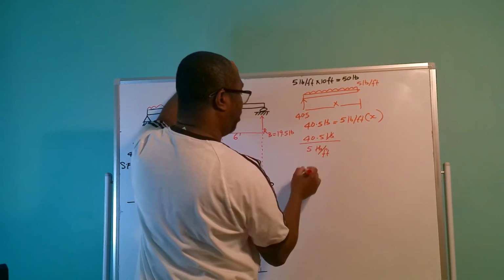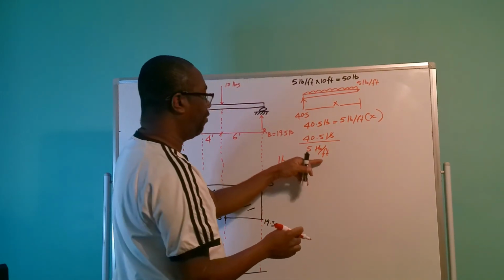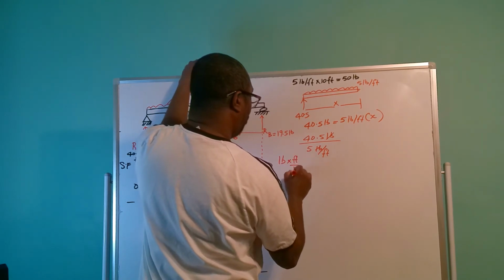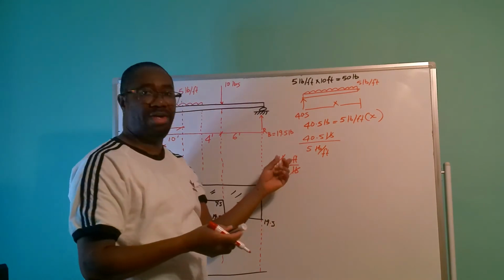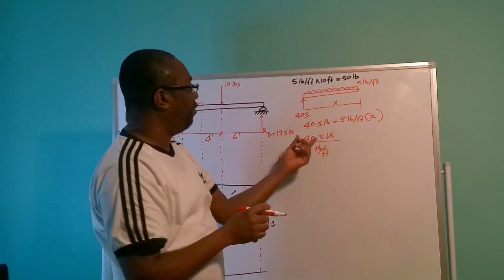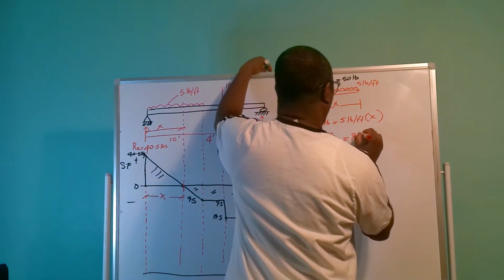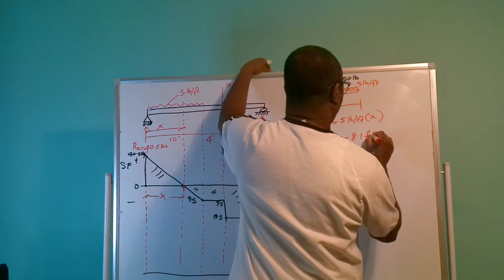It's going to cancel this pound, because remember now, this is pounds and this is pound over foot. So if you invert this to be foot over pounds, pounds cancel pound. So what you ended up having is feet. So 5 into 40.5, that goes 8.1 times. So it's 8.1 feet.